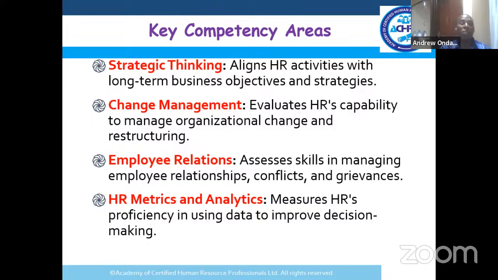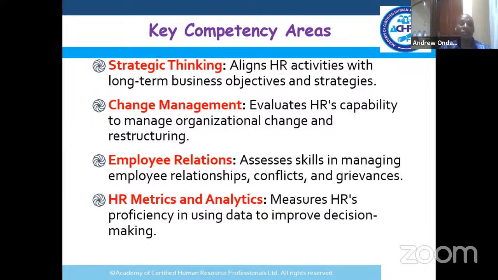In terms of change management, as I have indicated, we must manage change effectively. One, by training people. Two, by allowing people to participate in decision-making processes. And three, by adapting change either in a phased way or in a progressive manner so as not to cause shocks in the system.